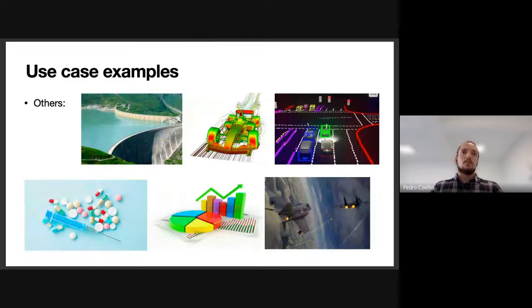And it can also be used for power management, for example, to decide when to produce power based on the demand. Also, as a part of the optimization algorithm for computational fluid dynamics algorithms, for self-driving, for picking treatments or drug treatments for patients.